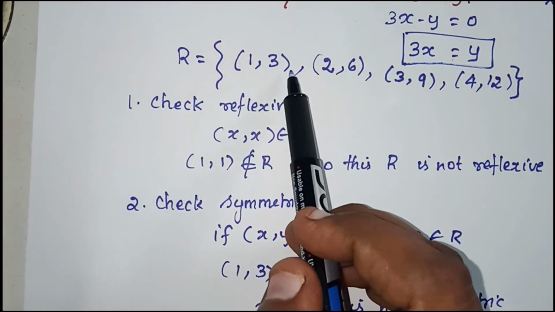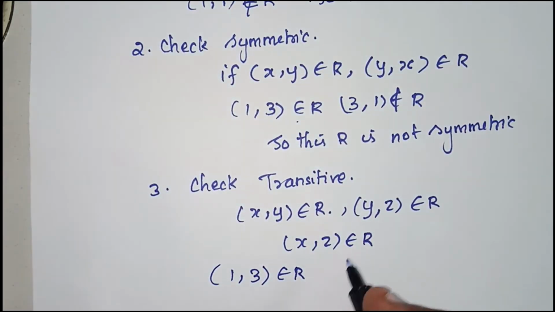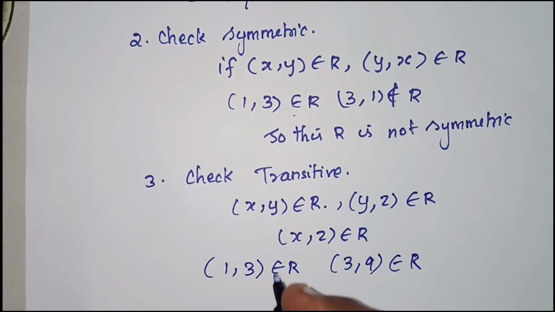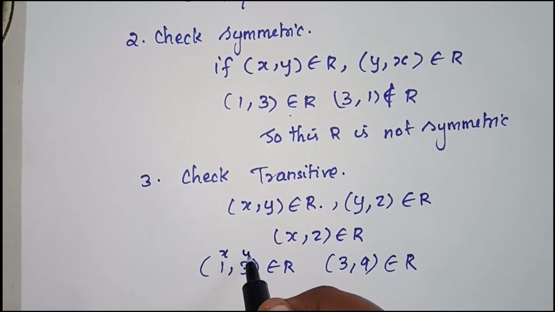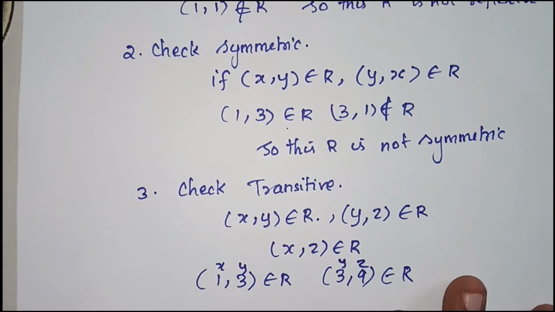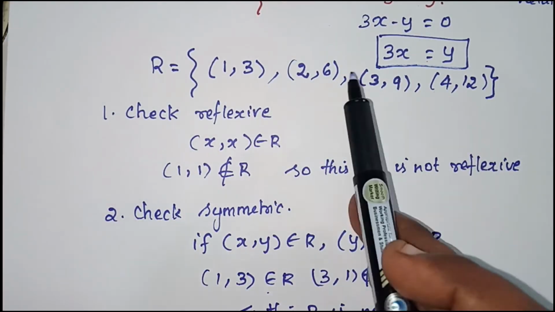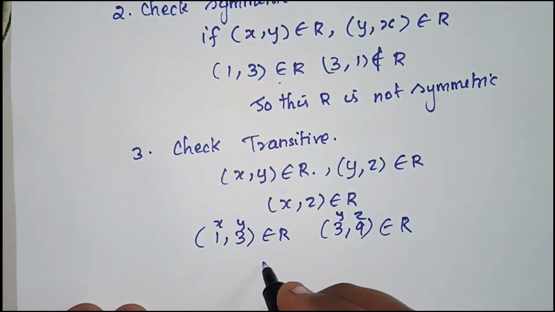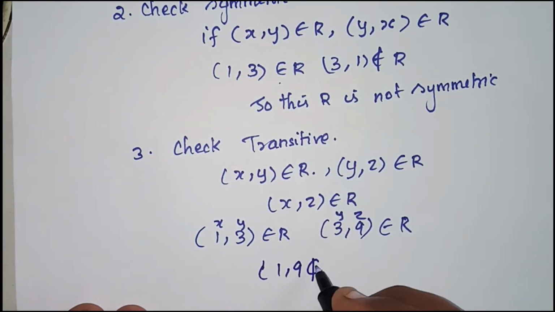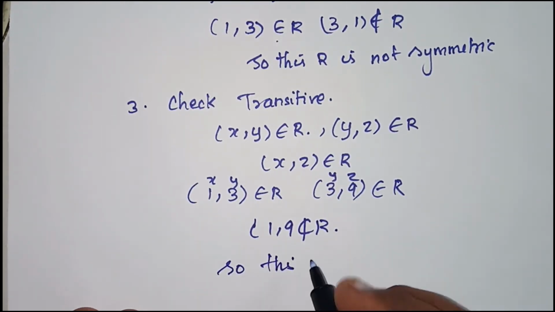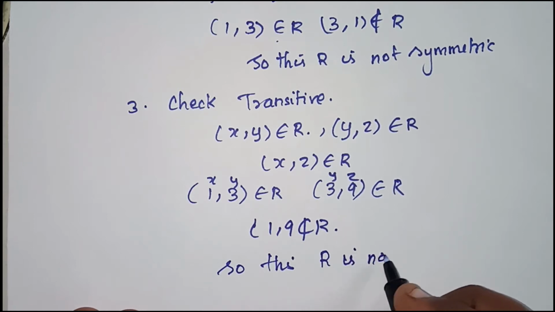Next, (3, 9) also belongs to this relation. So I take this as (x, y) and this as (y, z). So automatically (1, 9) should be available in the relation, right? Is (1, 9) available in the relation? No. So (1, 9) does not belong to this relation. So this relation is not transitive.